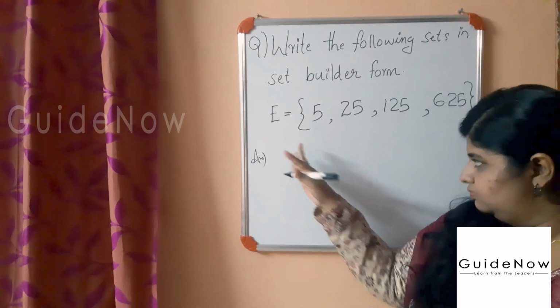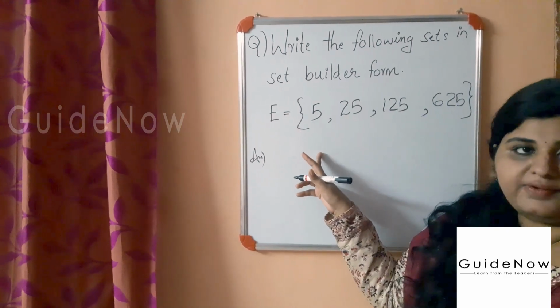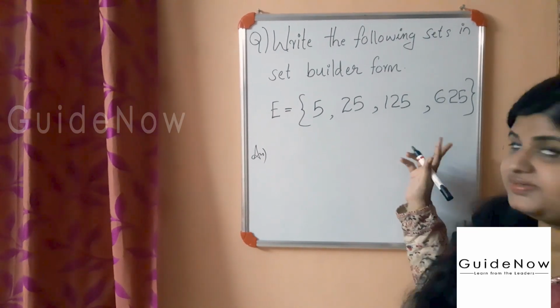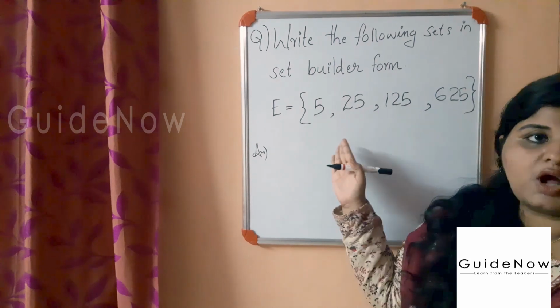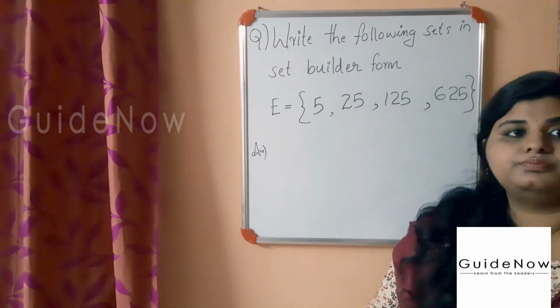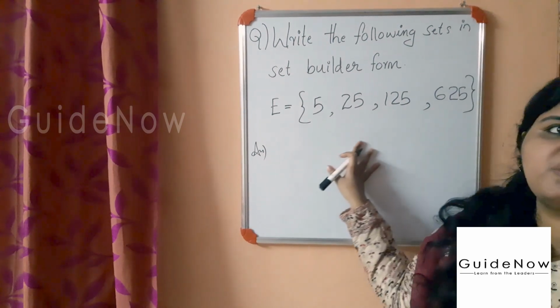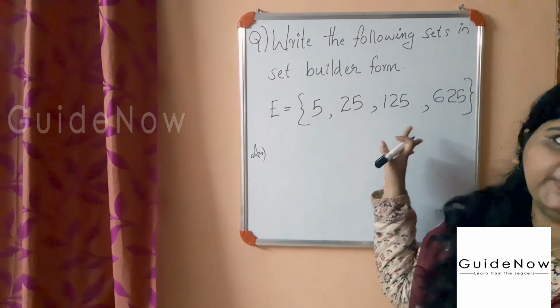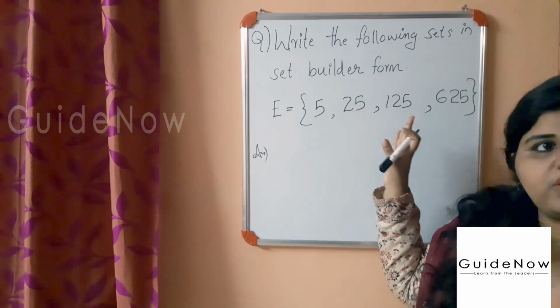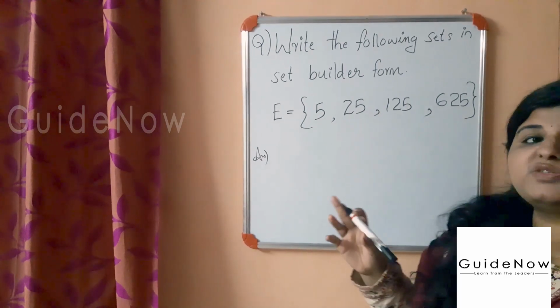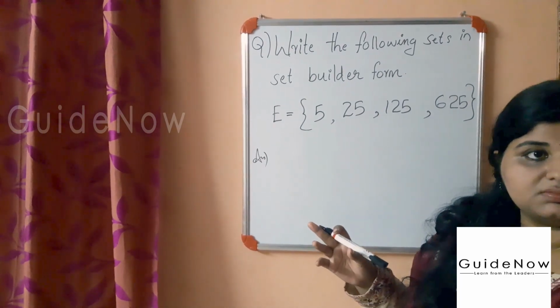Question: E is equal to 5, 25, 125, 625. What are the common properties of these numbers? Just look at these numbers. These are multiples of 5, but multiples of 5 means 5, 10, like that.